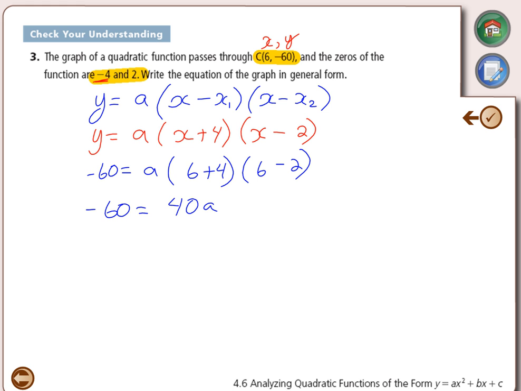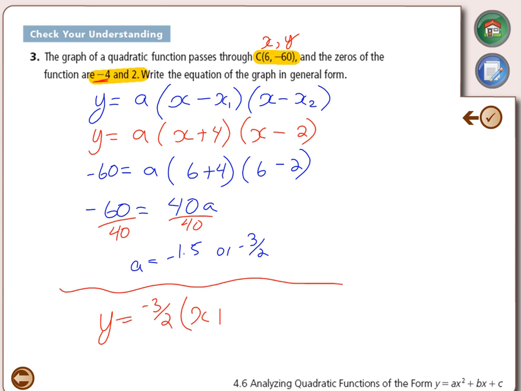That's 40. Negative 60 equals 40a. Divide the 40 over and take it to lowest terms, and we've got our a value, which is negative 1.5, or better yet, negative 3 over 2. I'm going to keep it in fraction form.